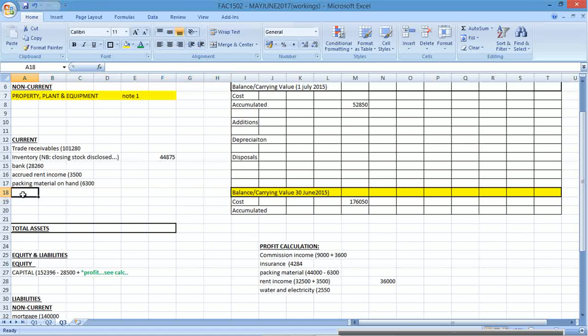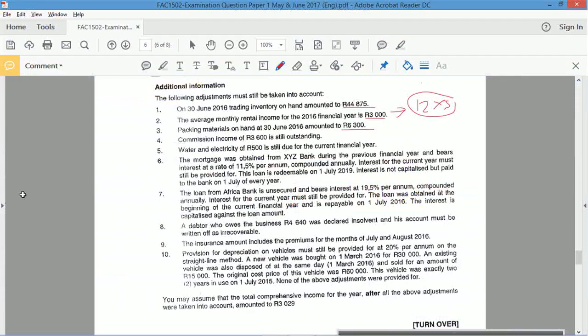Okay. Accrued. What is this income? Commission income, open brackets. How much? 3,600. Got that. Okay. So now we've looked at that. Water and electricity. 500 still due. What does that mean?